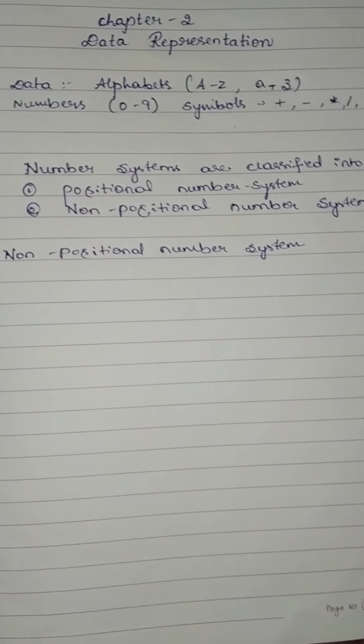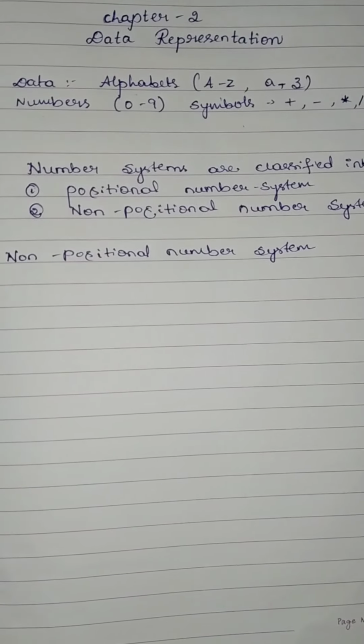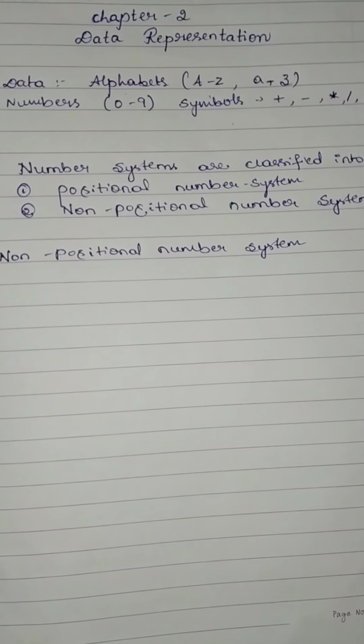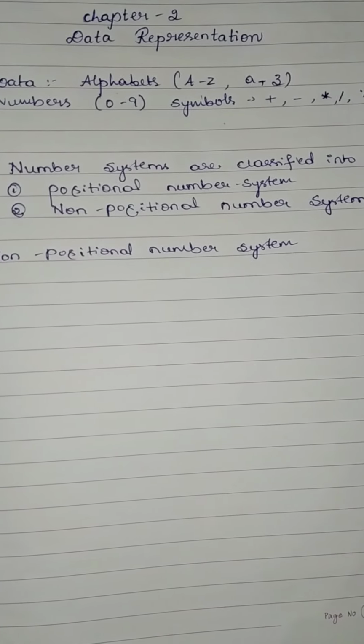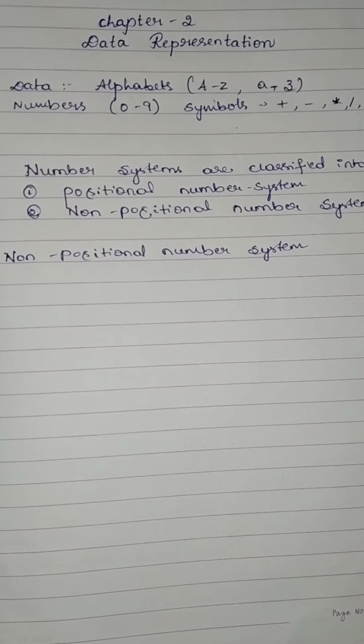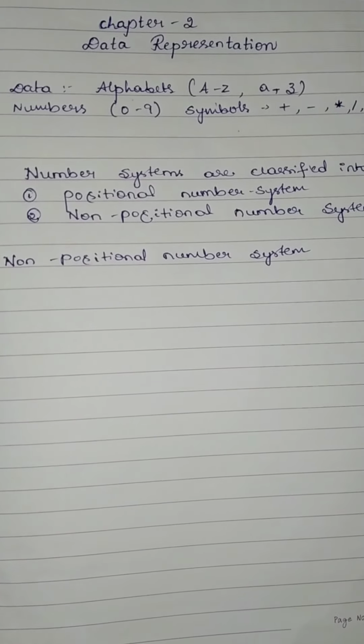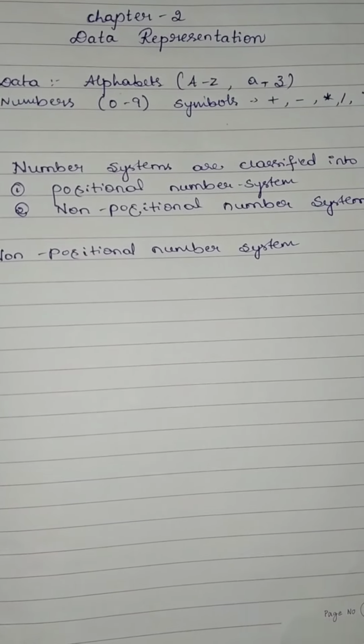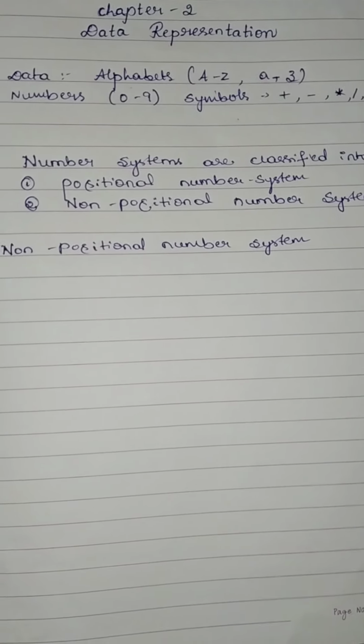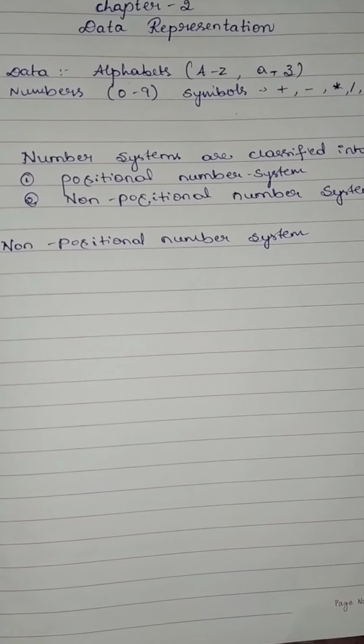So data is fed in human readable form, and once it is fed into the computer system, it is converted into zeros and ones. Once the operations are done, the operation values are decoded again and displayed in a human readable form.